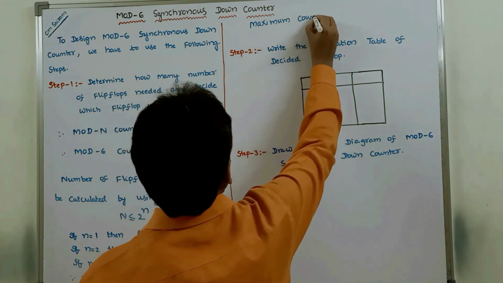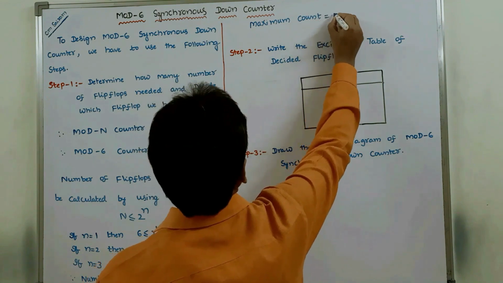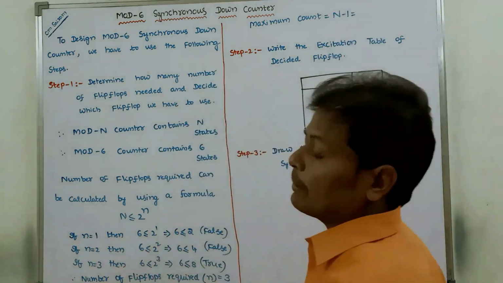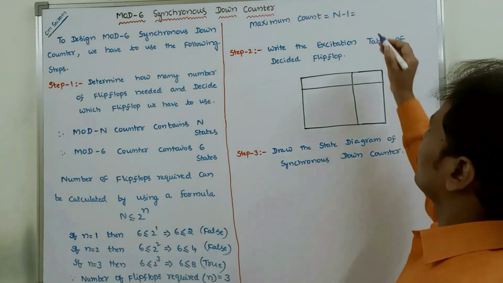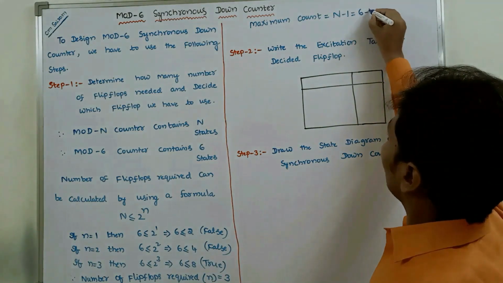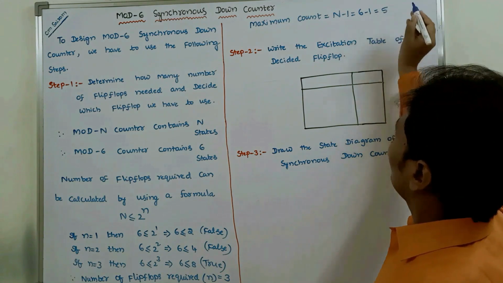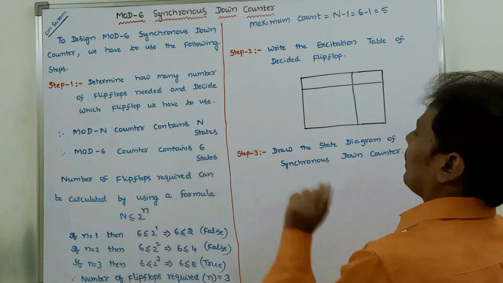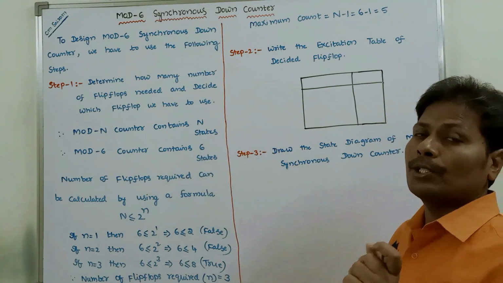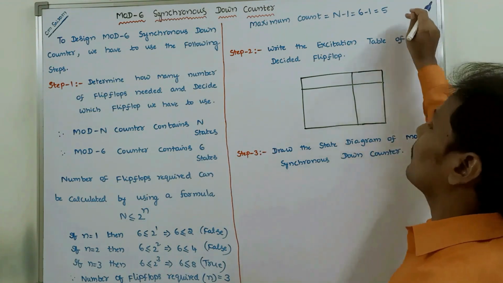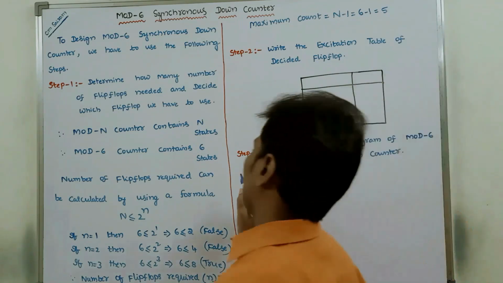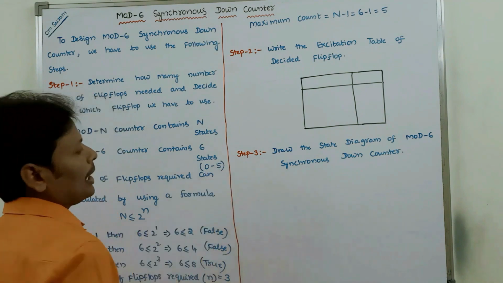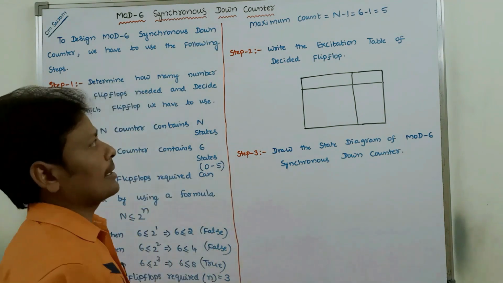Maximum count value is equal to capital N minus 1, where capital N is the number of states. So that is 6 minus 1, that is equal to 5. Maximum count value is 5. Total 6 states are there, starting with 0 and ending with the maximum count value, that is 5. So here 0 to 5. Total number of states is 6.